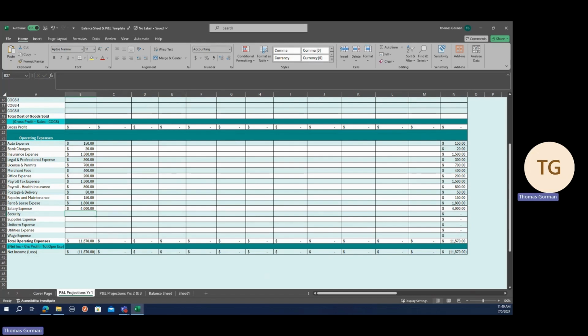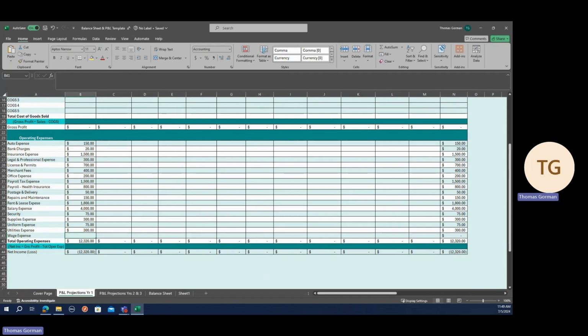Security expense, we're going to say $75 a month. Supplies expense, $300 a month. Uniform expense, $75 a month. Utilities expense, $300 a month. We have a wage expense on here.